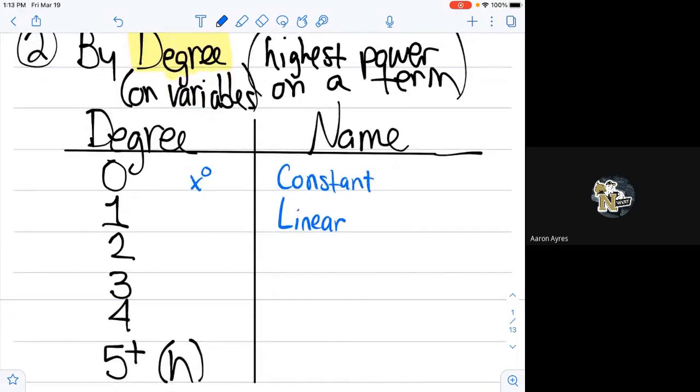Now it's going to get more interesting. Are you ready? For degree 2, we call these quadratic. And we're going to study those after we come back from break. Degree of 3, cubic. Degree of 4, quartic. And again, after 4, we get lazy.